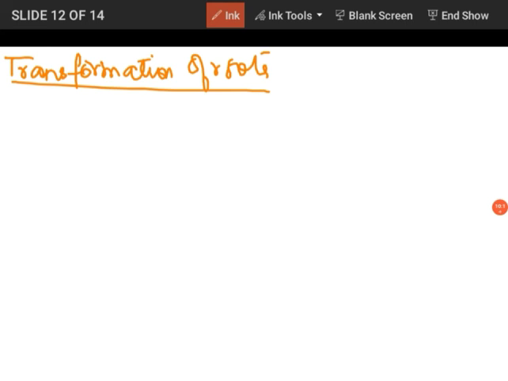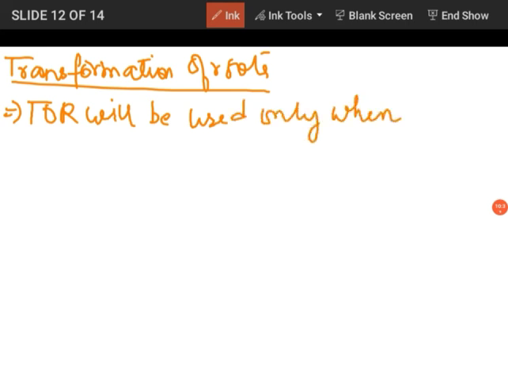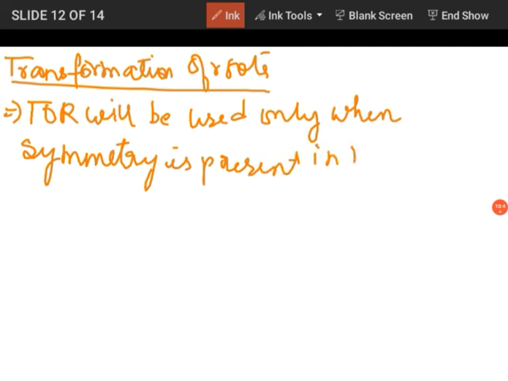Now again the question is, what is symmetry? First of all, let us write where can we use this. Let's say TOR, short form, will be used only when symmetry is present in roots. Now what is symmetry?